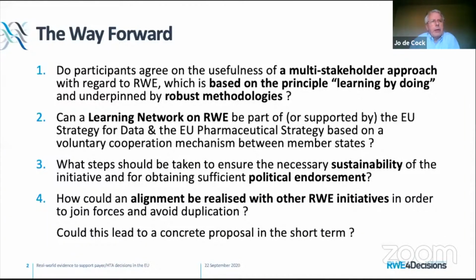And I think the important steps are notions like evidence generation plans all over the life cycle of products. How can we create that in a clever way, in an important way, in order to build the necessary evidence we need and to resolve the uncertainties we are confronted with?